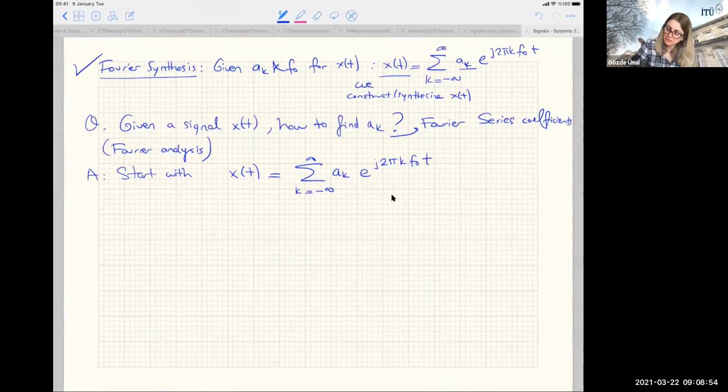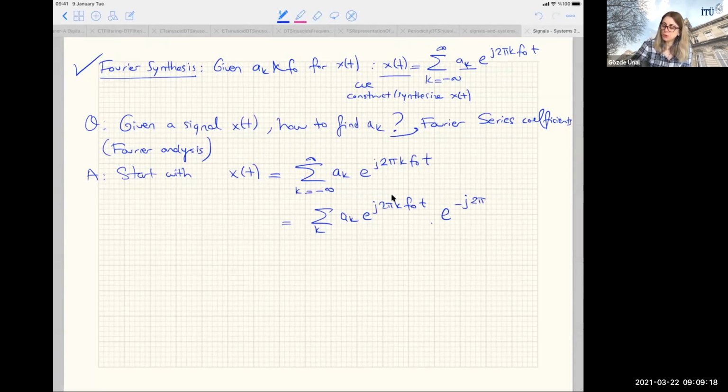So it's going to be the sum over k of ak e to the j 2 pi k f0 t, multiplied by e to the minus j 2 pi l f0 t.